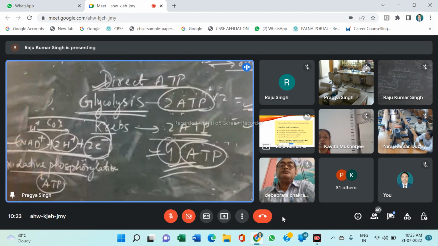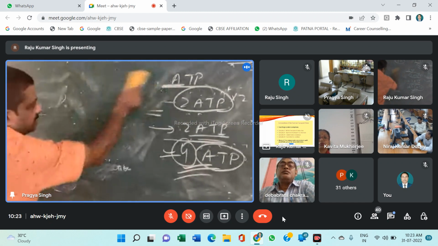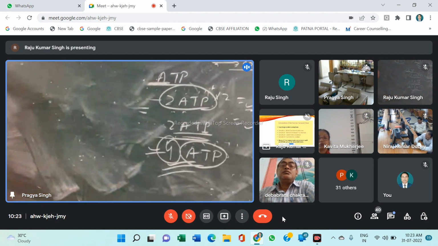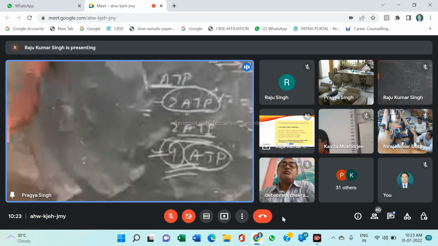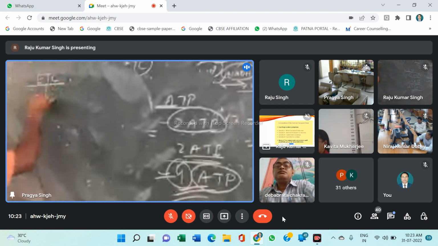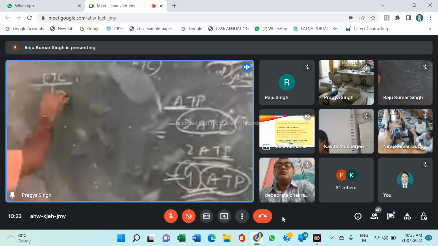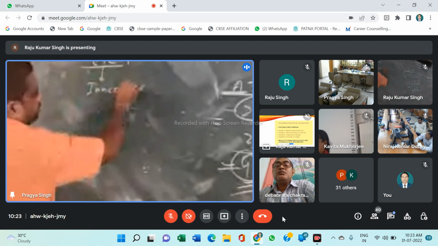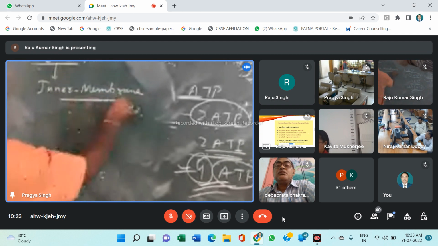So the purpose is oxidative phosphorylation and reloading of NAD plus, so that the cycle can continue. ETC is taking place where? The Krebs cycle takes place in the mitochondrial matrix, and ETC takes place in the inner membrane.